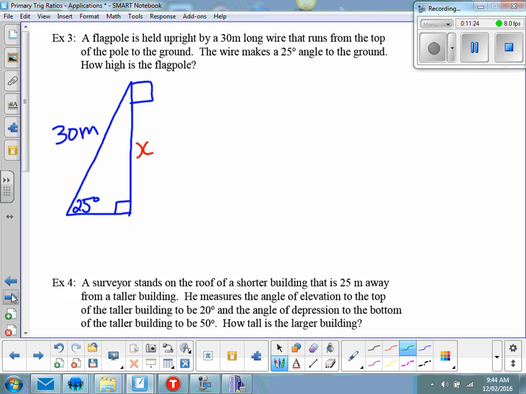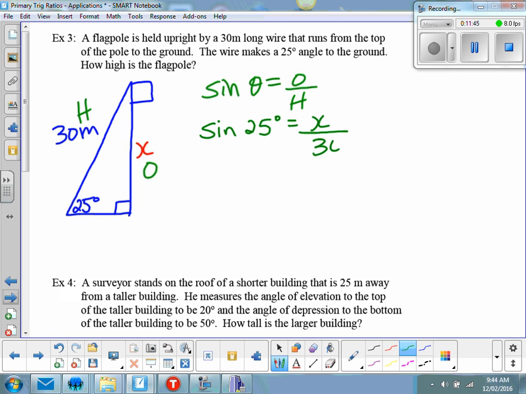Okay, and I hope you're a big fan of sine, because this is going to be sine again. It's opposite and hypotenuse. So sine theta equals opposite over hypotenuse. Plug things in. And in this case, we're going to move the 30 over to the left side, and it's going to multiply.